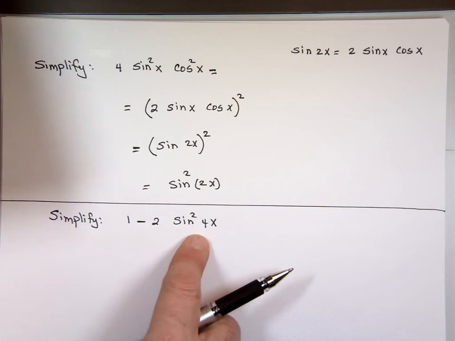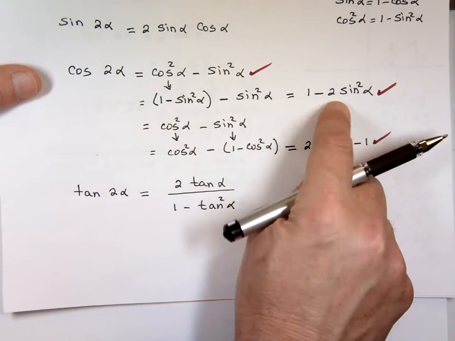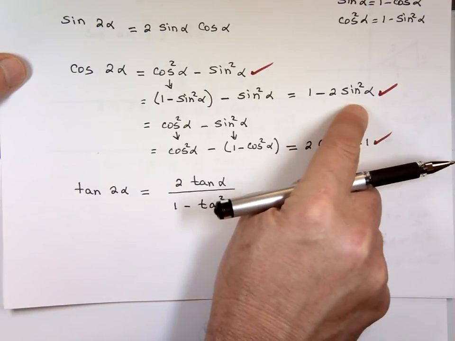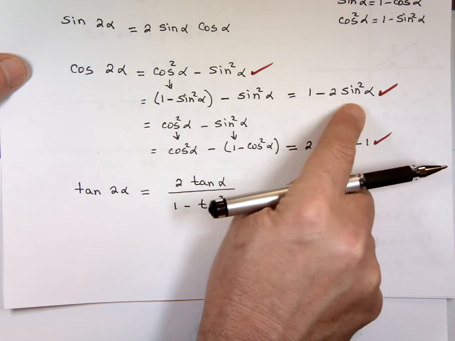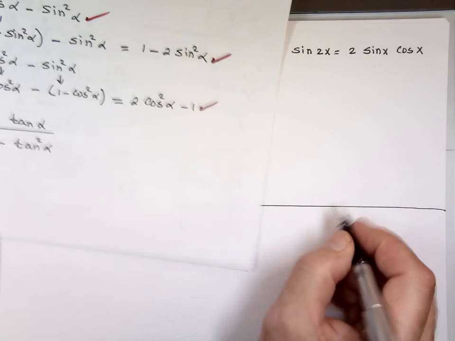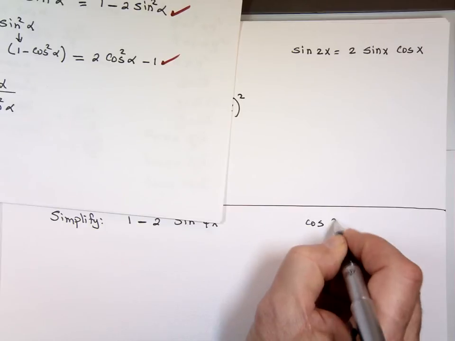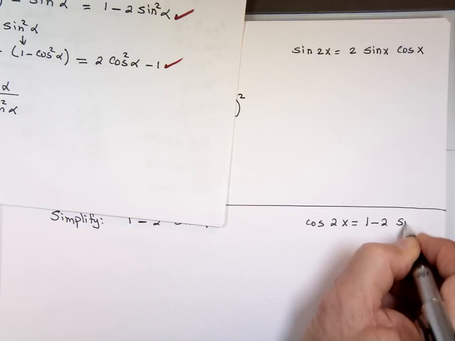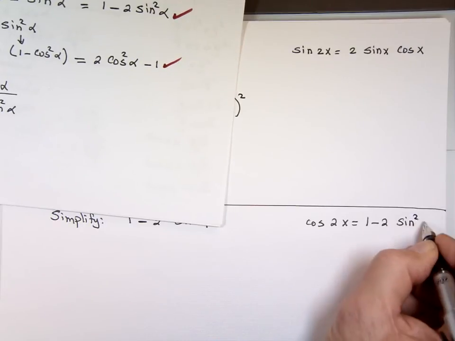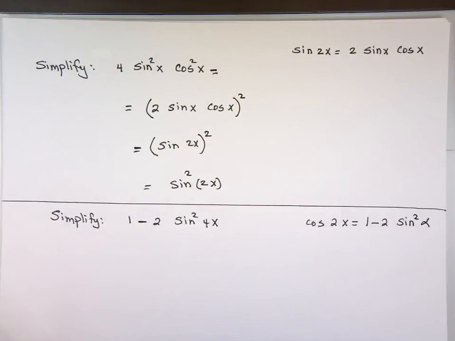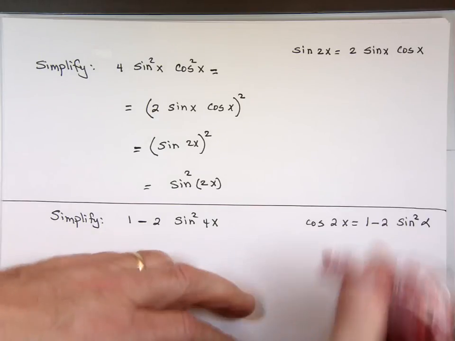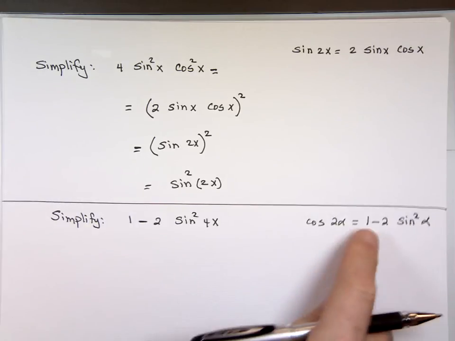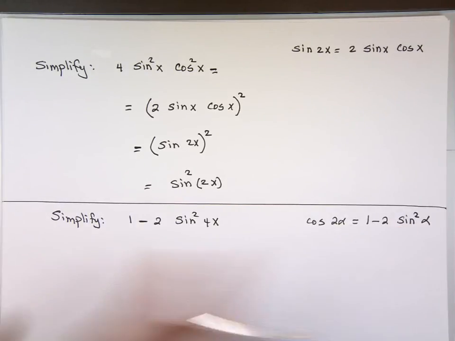That looks like one of the identities for what? The cosine. See that? So I have cosine 2x equals 1 minus 2 sine squared. Well, let me use alpha. Actually, I use alpha here, so let me just put alpha here. Cosine 2 alpha equals 1 minus 2 sine squared. I have the 1, I got the minus, I got the 2, I got the sine squared.